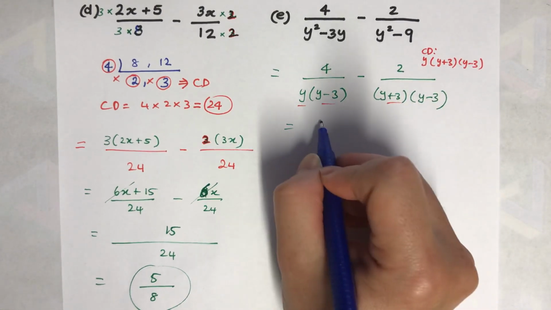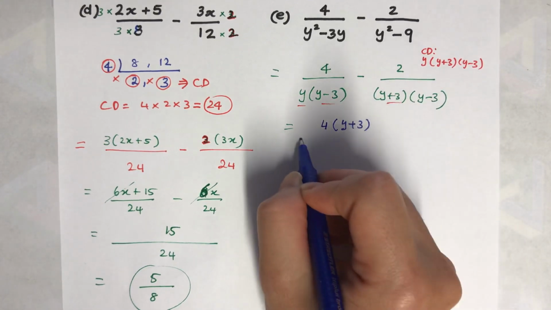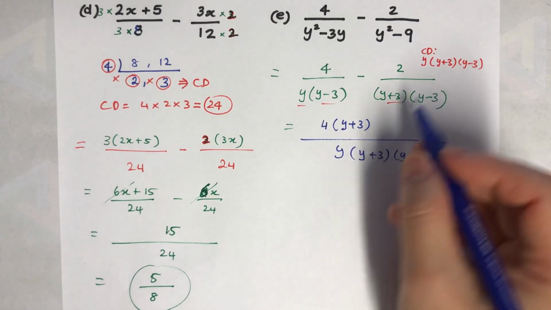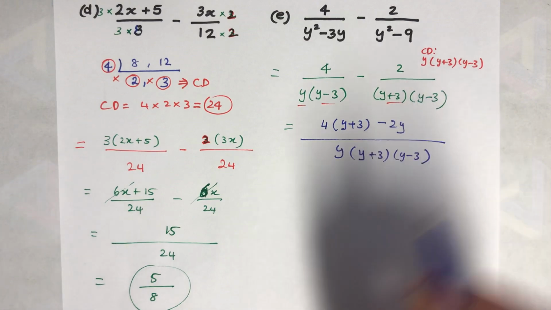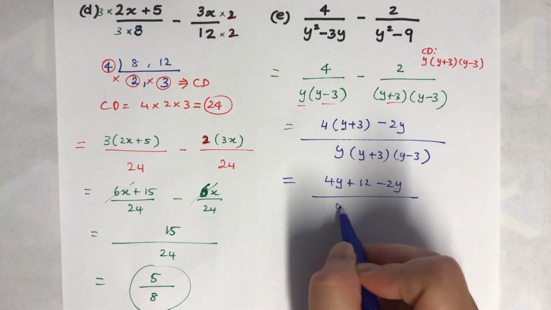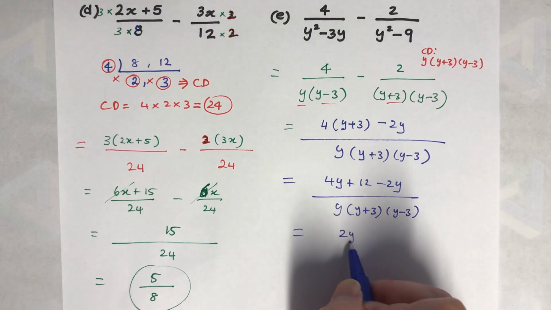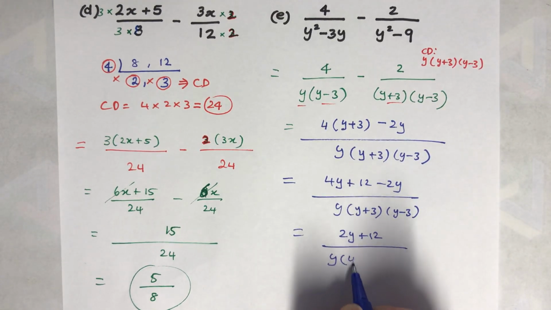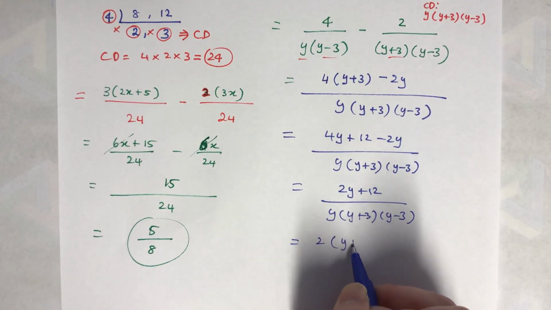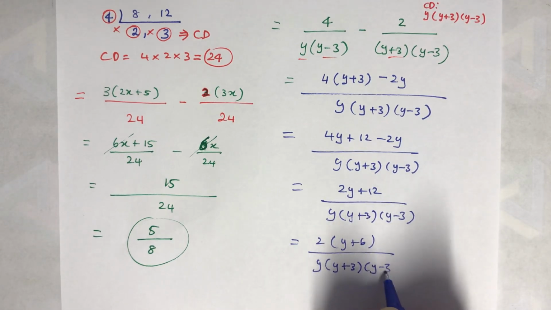It's 4, and I need y plus 3 on top here. And then here I need just y. So 4y plus 12, and 2y. And if you want to, you don't need to, because it's not going to make it any simpler, but it looks good.